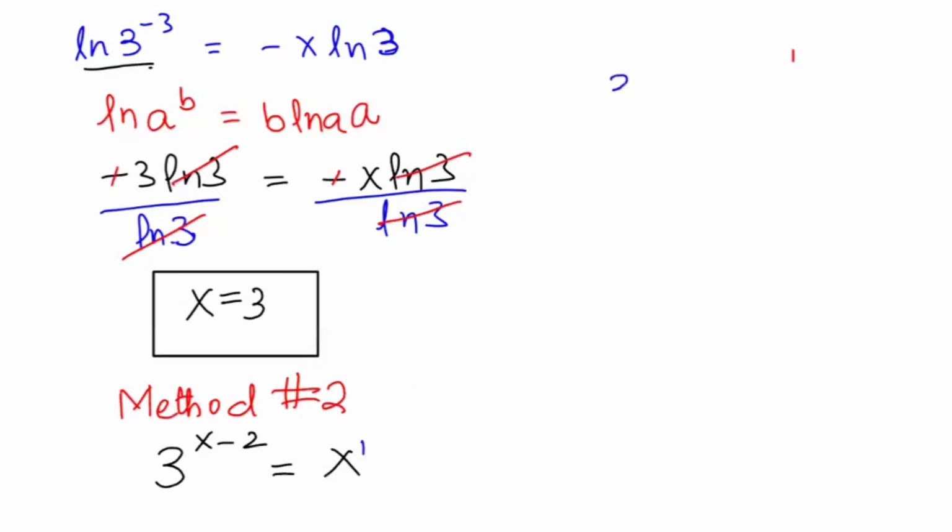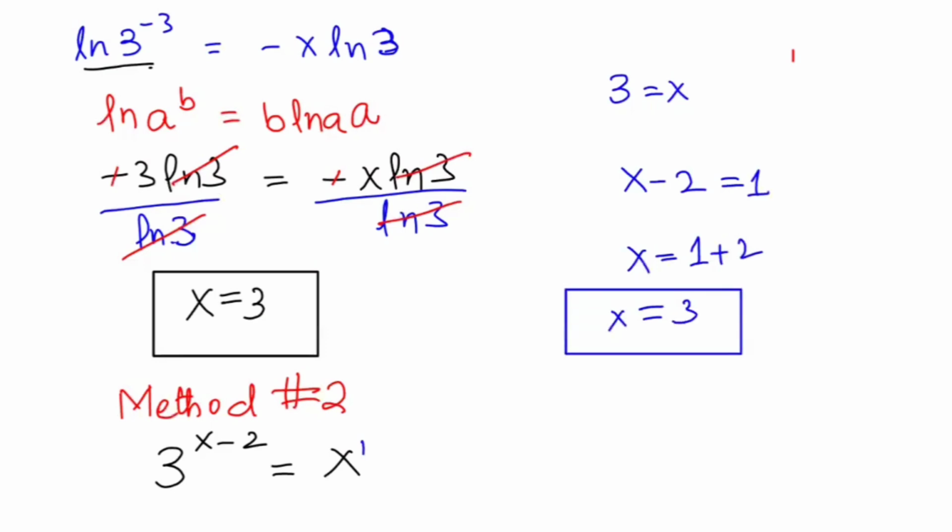So 3 is equal to x, and by comparing the powers, x minus 2 is equal to 1. So I'm going to solve for x: x is equal to 1 plus 2, which is equal to 3. So this is the way we find the x value by two different methods.